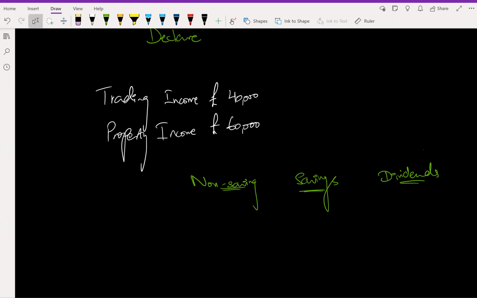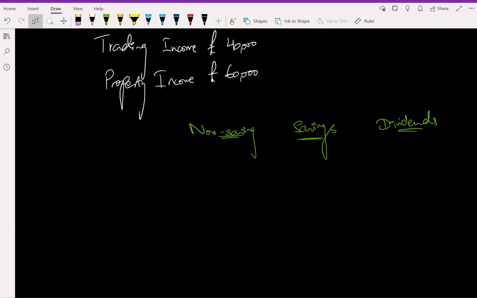Can you tell me which of the two is non-savings? Property income. All right, and what's trading income? Trading income, I think that's also non-savings. Exactly, both of them are non-savings.